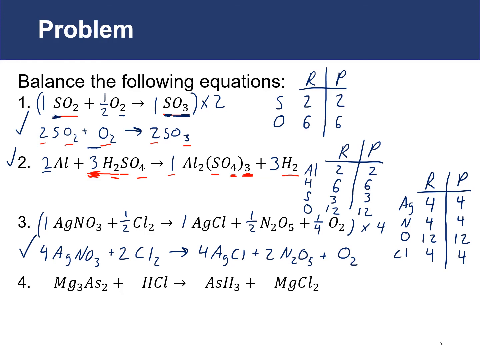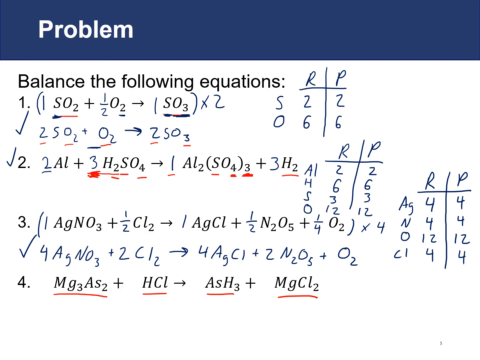Now, looking at the last equation, first thing I do is look to see which one has the most different types of elements. So I have Mg3As2, I have HCl, AsH3, and MgCl2. Each one of these has 2 different elements in it.